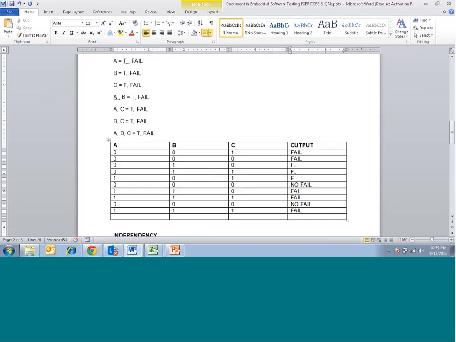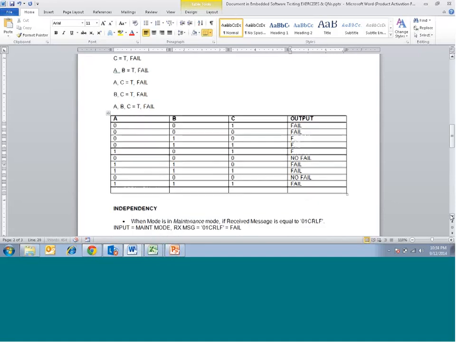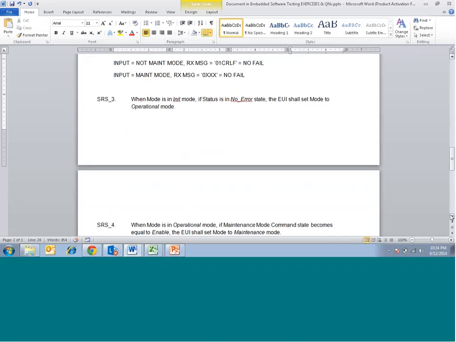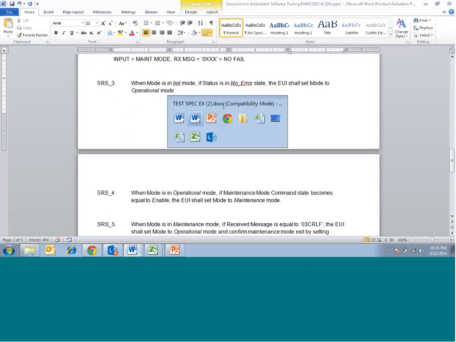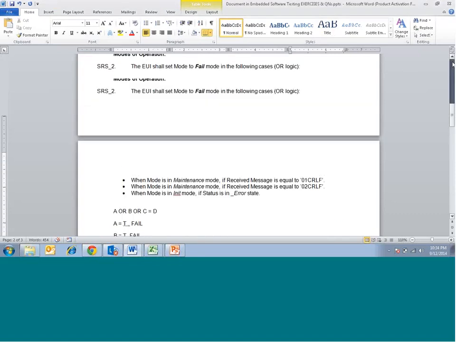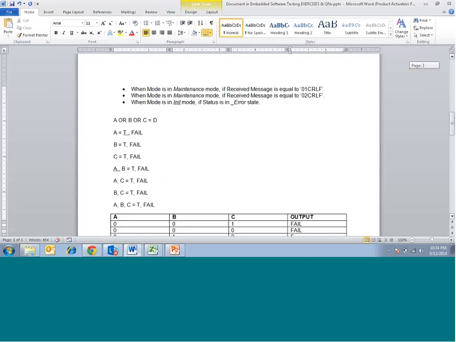So that's how the effect of the inputs we need to tackle it appropriately, so that independence is present. That is one of the important things that they look for when we are going to write the test cases. So that is how we are going to have for different sort of combinations and inputs for that particular requirement.